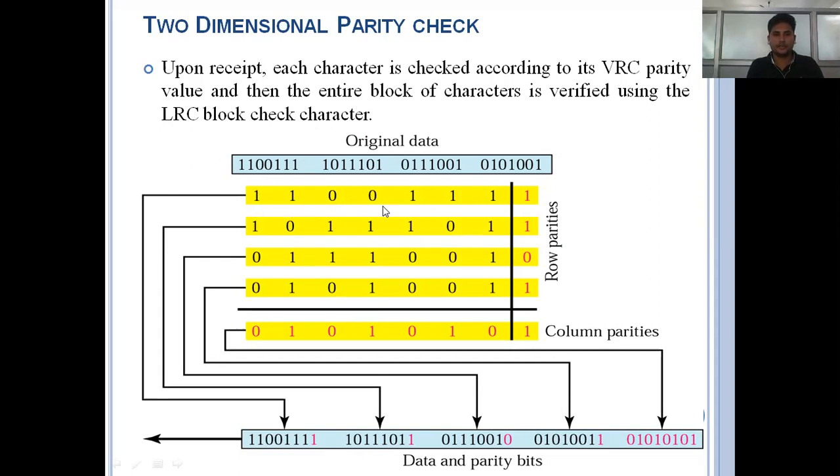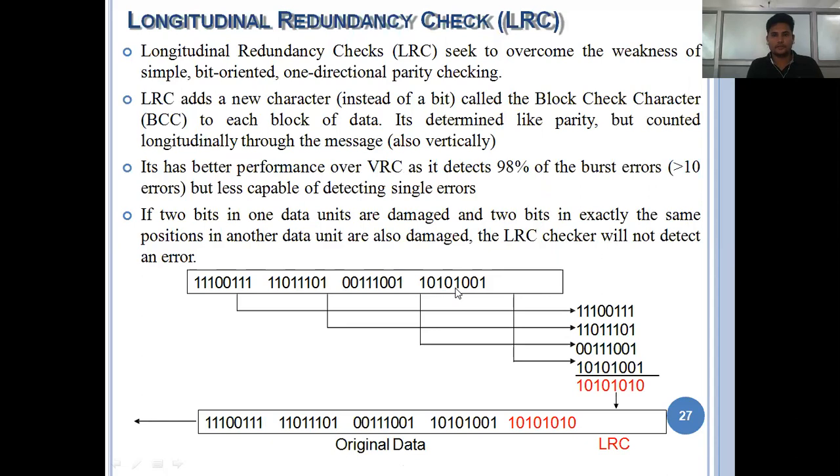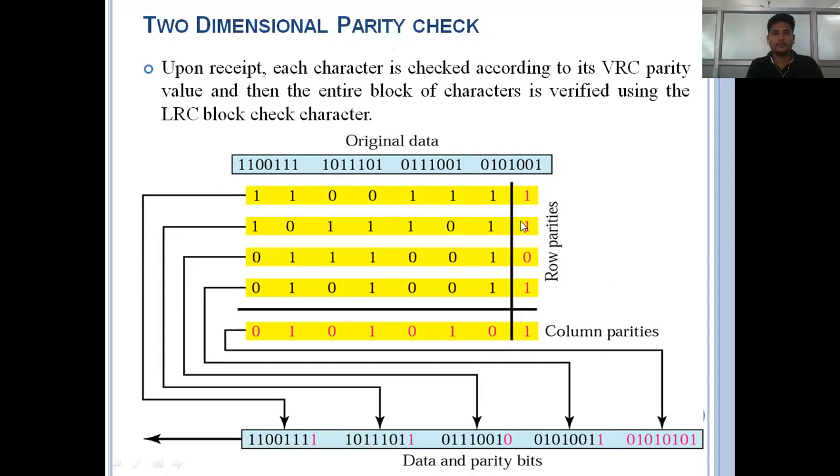So how it is verified: double one, double zero, triple one. This one, 10, double one, 101. The third one is this, and the fourth one is over this. The added bits are 10, 10, 10. This one is odd parity, so adding 1, 1, 2, 3, 4, 5. This one is also odd parity.